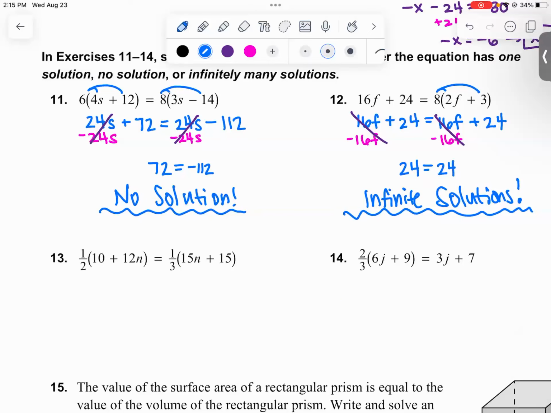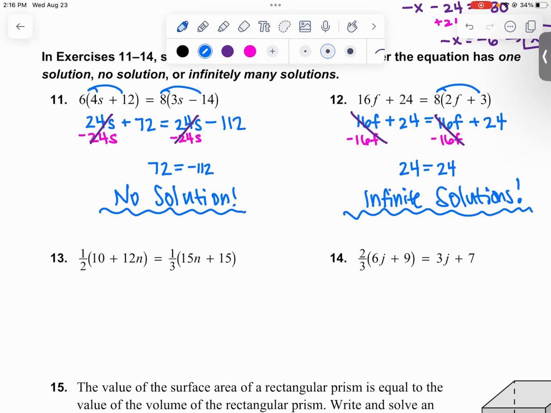I'm talking about 11 and 12. Okay, and so what's true about the coefficient on the left and the coefficient on the right? They're the same. That's why the variables canceled out.